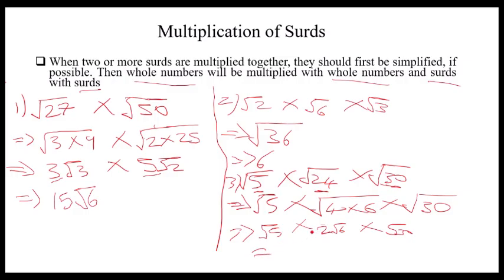So let's multiply the whole numbers first. Multiplying the whole numbers, we have 2, right? Then the surds: 5 times 6 times 30. That's what? 900.